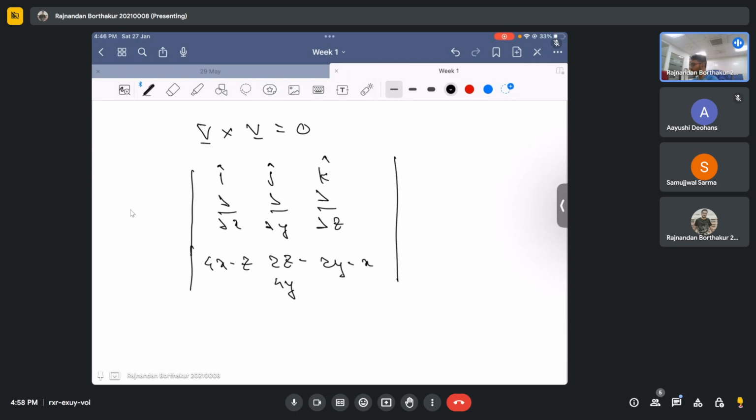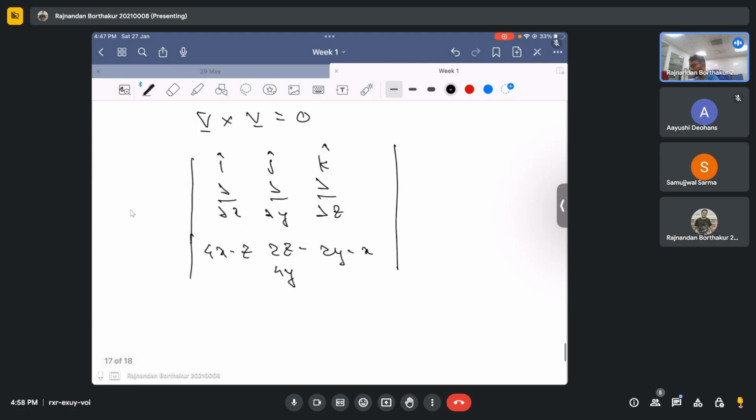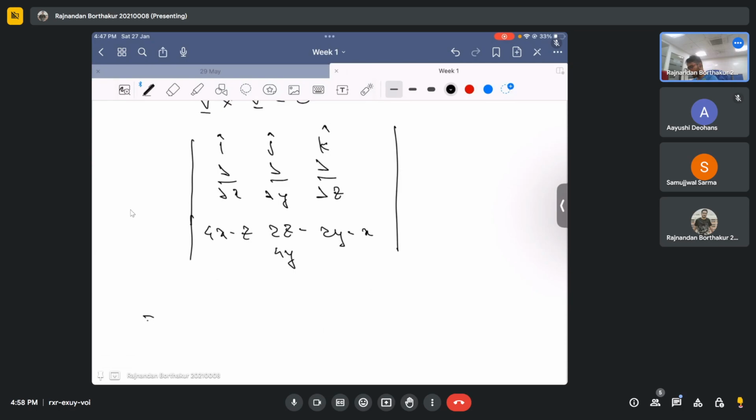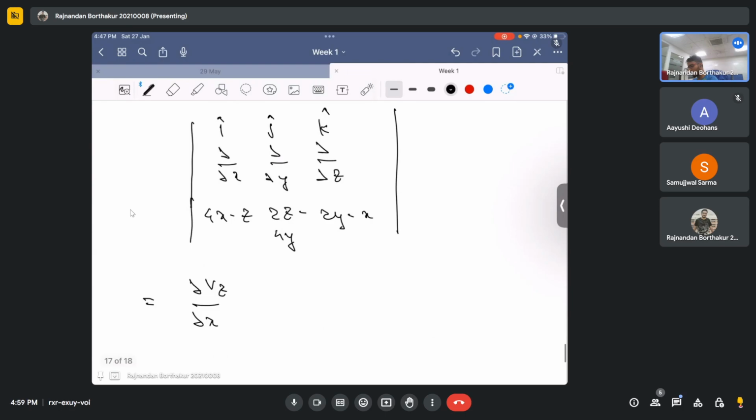If you evaluate this curl, it's very simple. You get, in the x direction, del vz by del y minus del vy by del z.